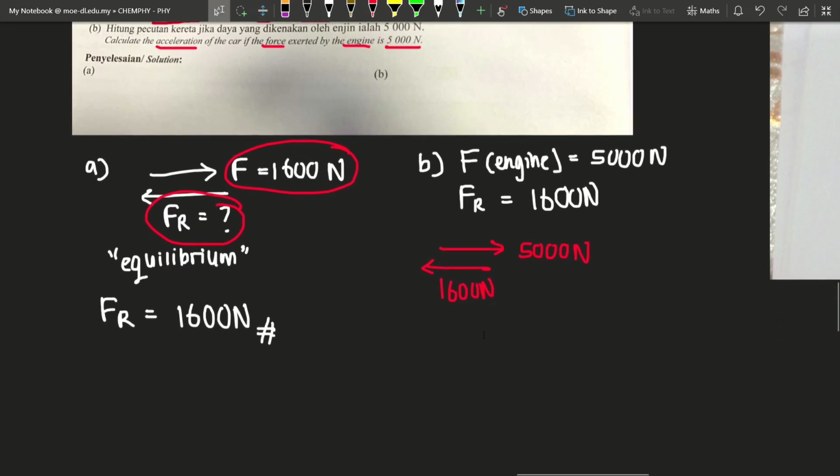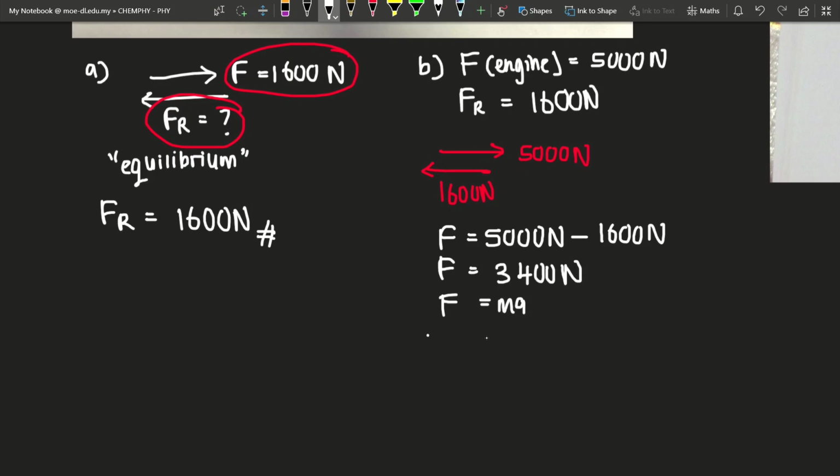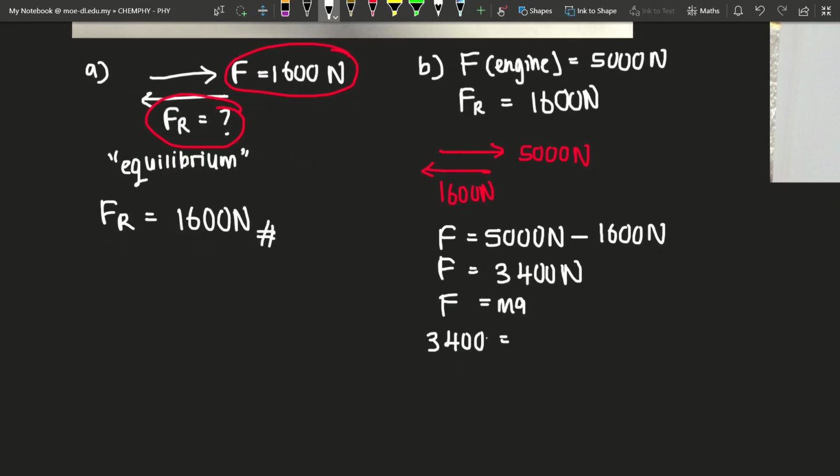We can find our resultant force equal to daya tujah, your engine thrust, minus frictional force. So F equal to 3,400 Newton. So you know F equal to MA, right? Daya tujah equal to MA. So 3,400, your F, equal to your M is 880 kilogram.